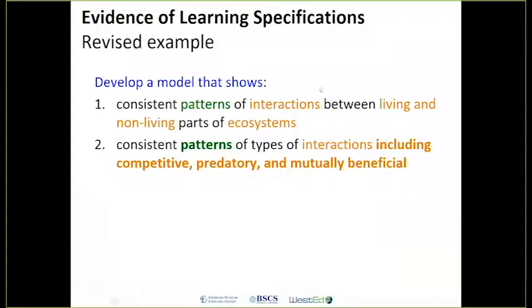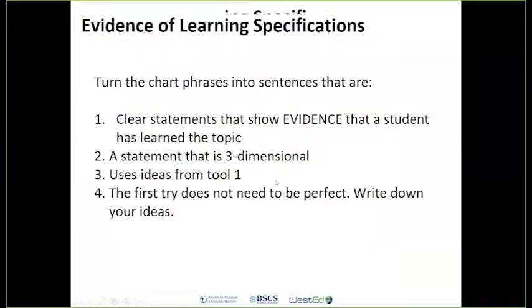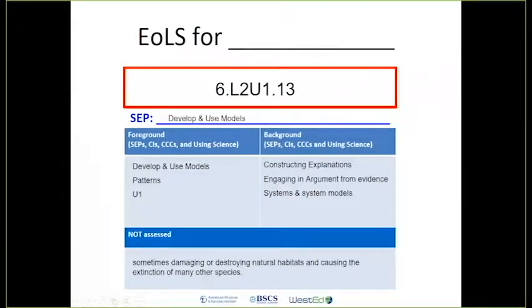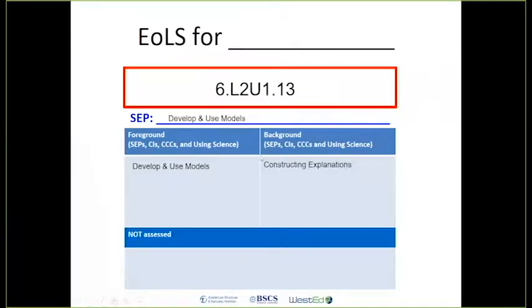After this, I would go into another series of statements, and I would say develop a model that shows, and I would go back to my chart, and I would write statements that show that students are constructing explanations and what that can look like.